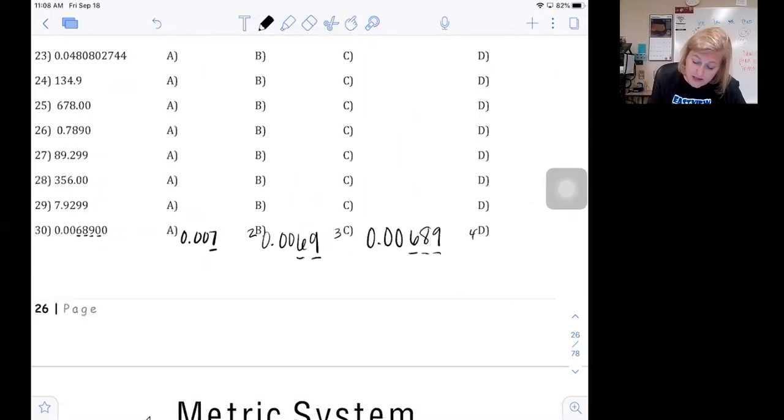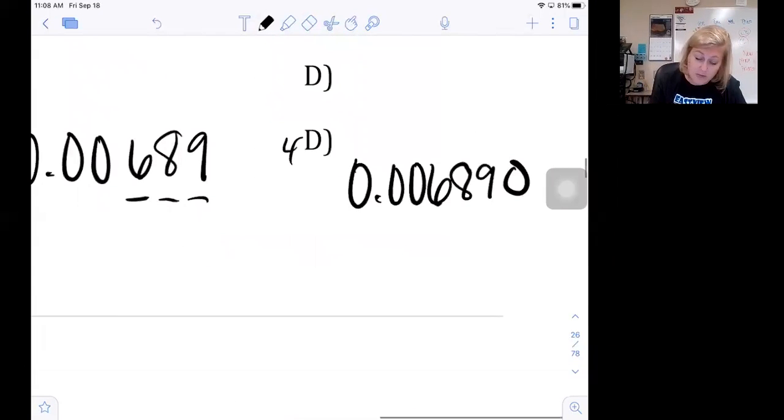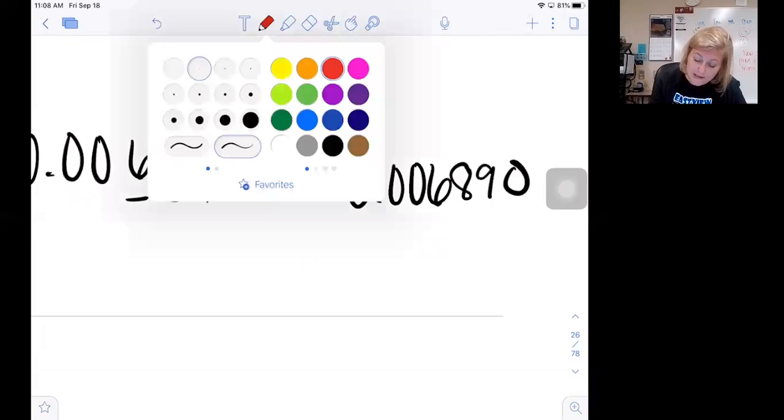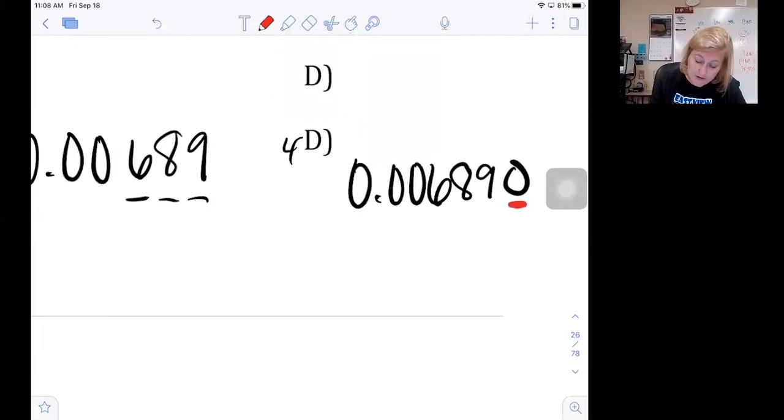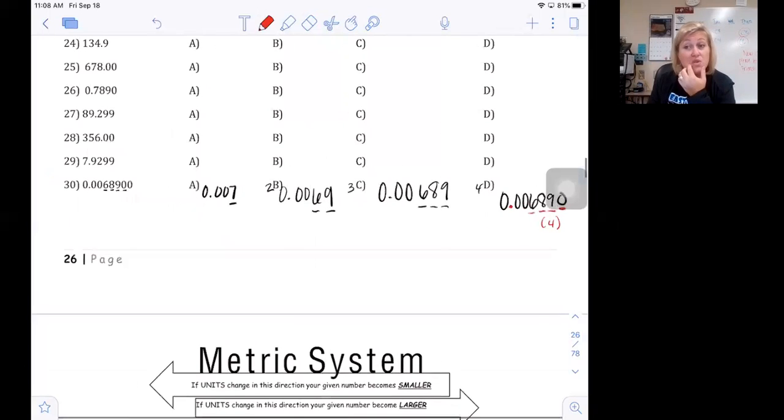So my answer for D would be 0.006890. And that last 0 is actually significant. Remember, if it has a 0 after a decimal place, then that 0 counts, if it's the last number only. And then the 6, the 8, and the 9. So this has 4.